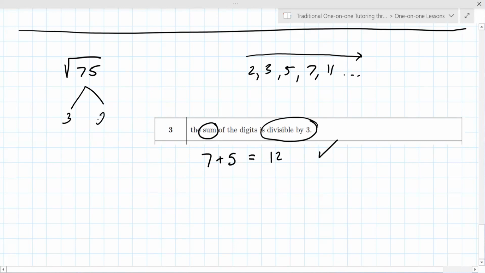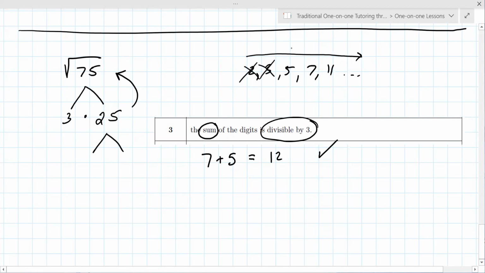So it's 3 and 25. Similarly, 3 times 25 gets you back to 75. Do you see that? Now is 25 divisible by 3? No, it's not. So you mark these off and you go to the next one.